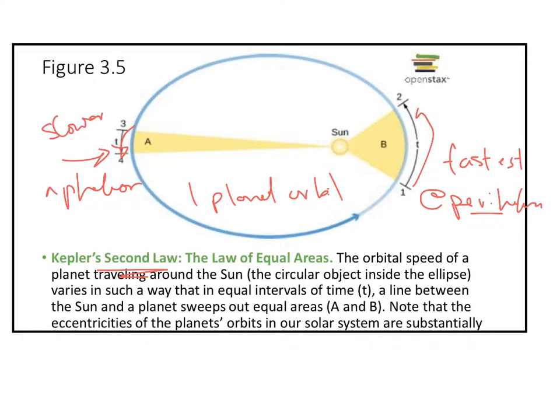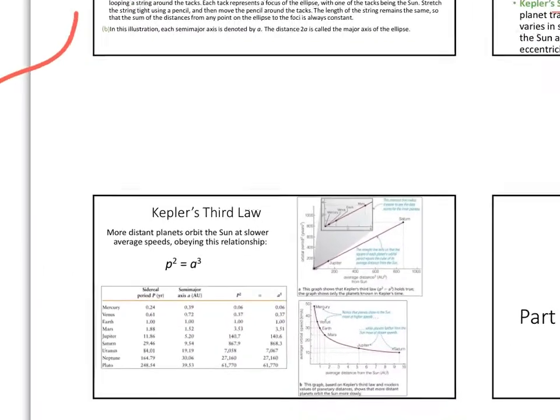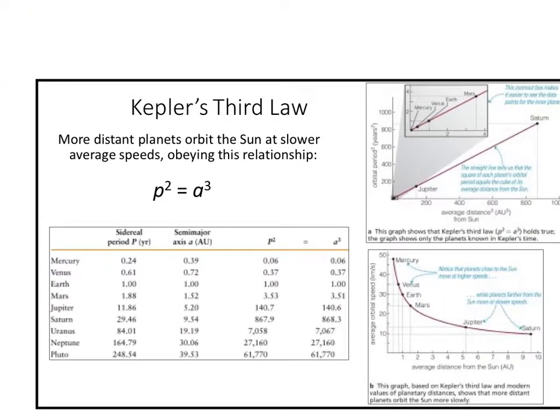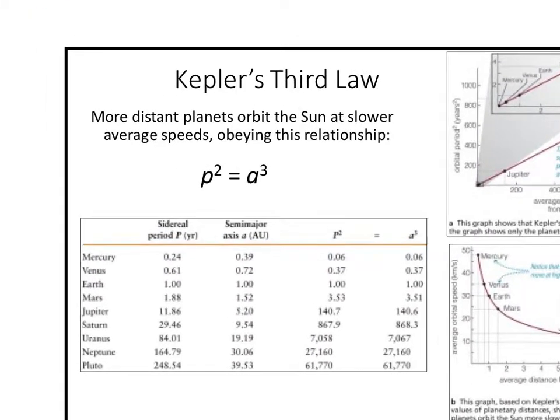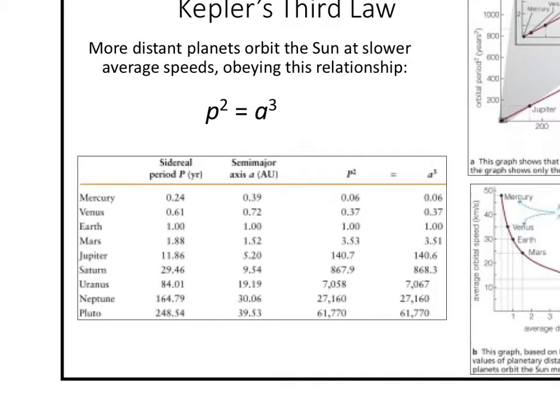Now, his third law says that, and forget all this blah blah, but if I go down here, this is the order of the planets where this is the closest, of course. Mercury's closest and Pluto's the furthest object, not a dwarf planet, but anyway. And here is how long it takes them to orbit the sun.